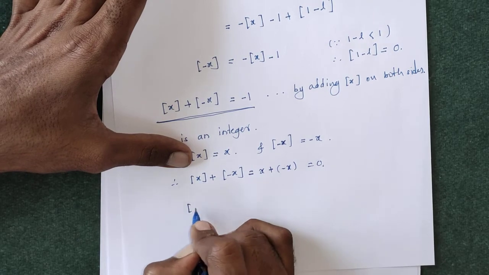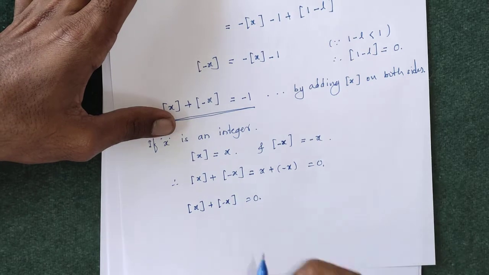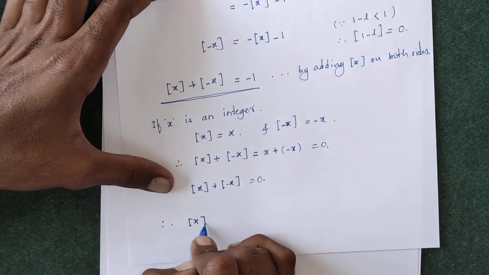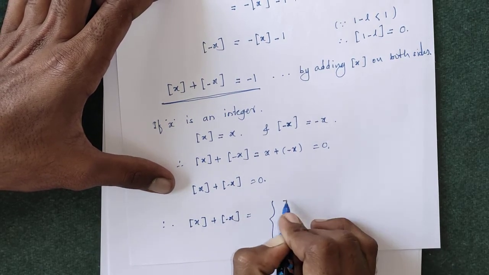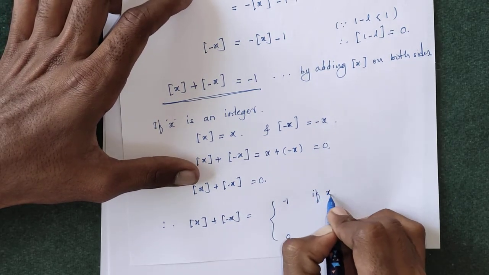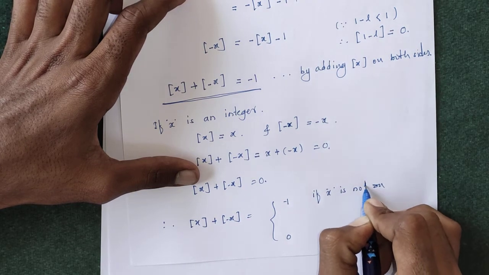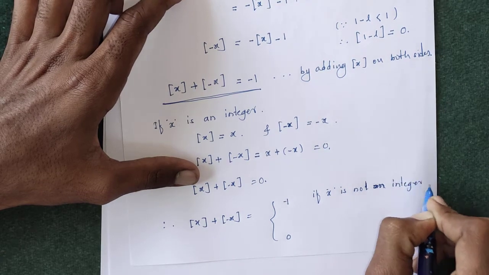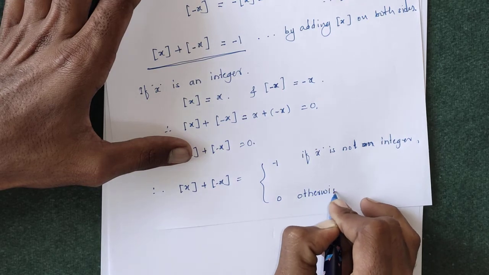So we get the integral part of x plus integral part of minus x is equal to 0 whenever our x is an integer. Therefore, our result is true, that is integral part of x plus integral part of minus x is equal to minus 1 whenever x is not an integer, and 0 otherwise, that is when x is an integer.